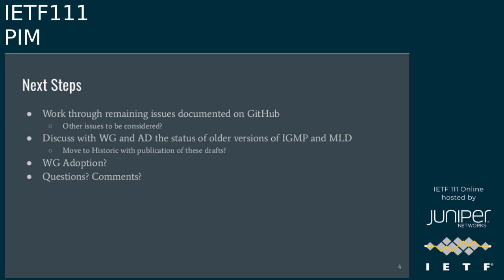Are they just simply going to be obsoleted by this new draft, or are we actually going to move them to historic? And there are all sorts of administrative things that go along with that. I don't see any reason why we can't add the lightweight RFCs to that list for consideration of how we want to handle them in relation to these new documents.